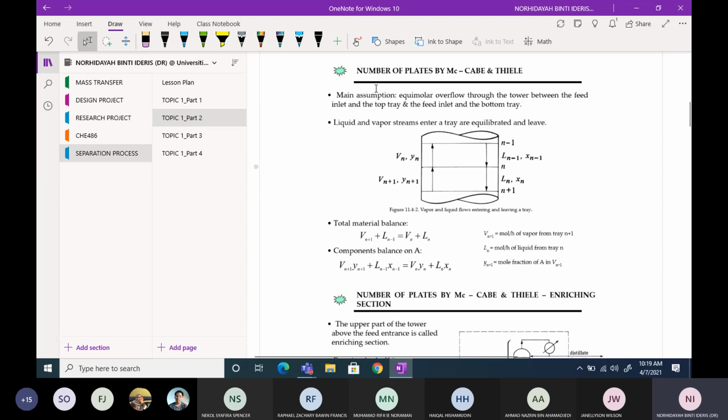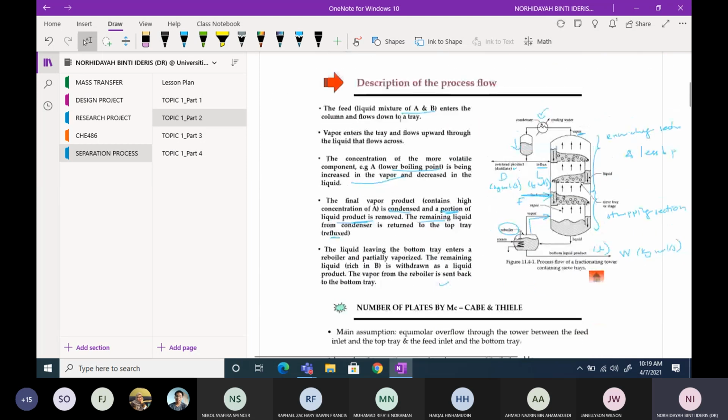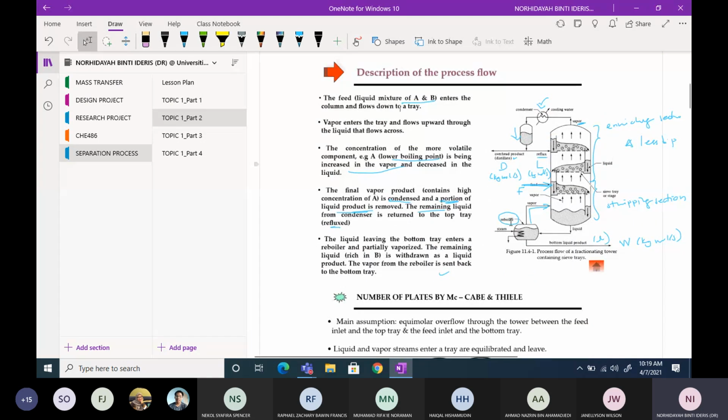Usually, in the determination of the number of plates, when we want to design the distillation column, we make a target. For example, you know the molar flow rate of the feed coming in, and you want a certain target.